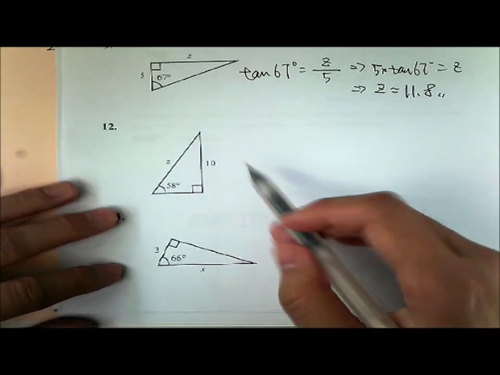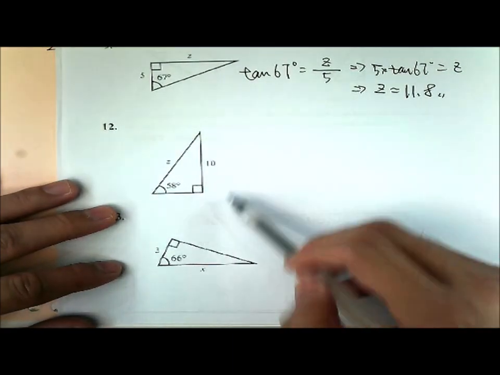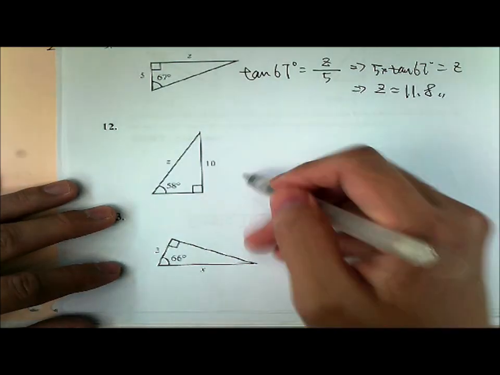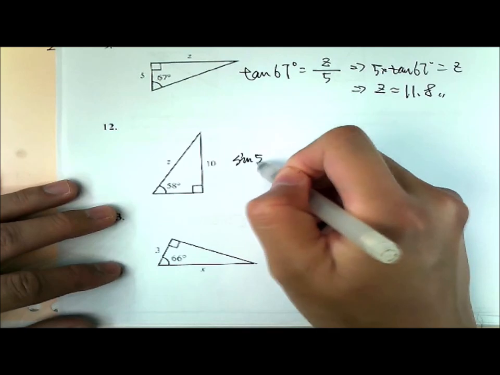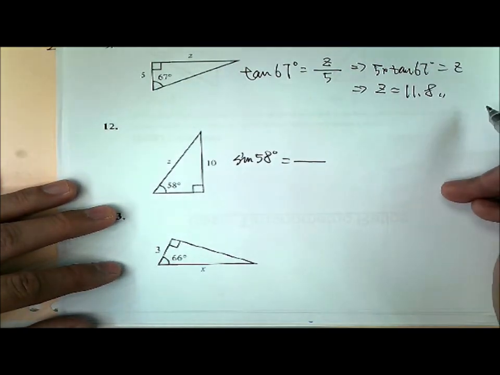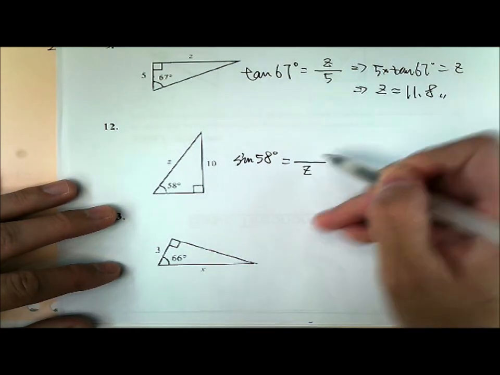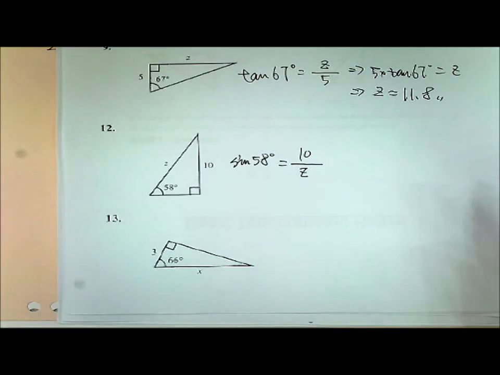Can you tell me sine, or cosine, or tangent you should use for this? Sine, right? Correct. So we use sine. We first write down sine 58 degree equal to fraction line. Always write the longest side at the bottom first. It should be z here, right? And then 10 should be above. Okay, so here you have to calculate z. We hate the denominator.